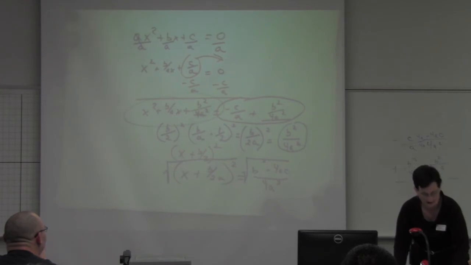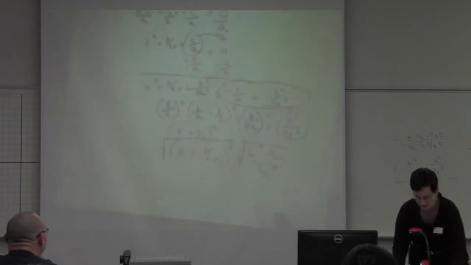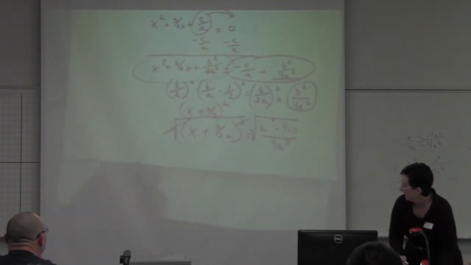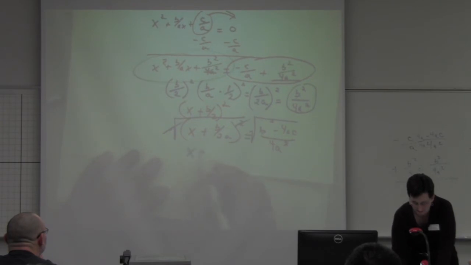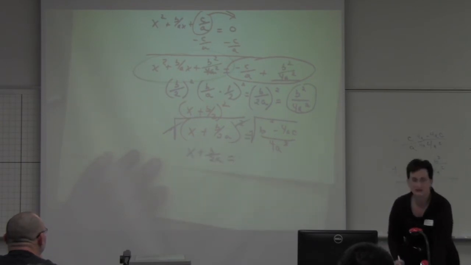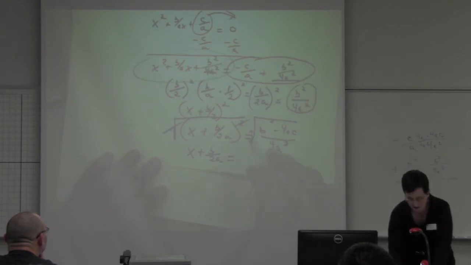So when you do that, on the left-hand side, pow, pow, that leaves you with x plus b over 2a. And on the right-hand side, you are not going to forget to write plus or minus. And we have the square root of b squared minus 4ac.